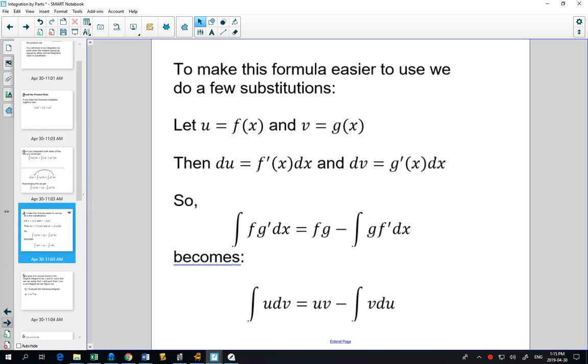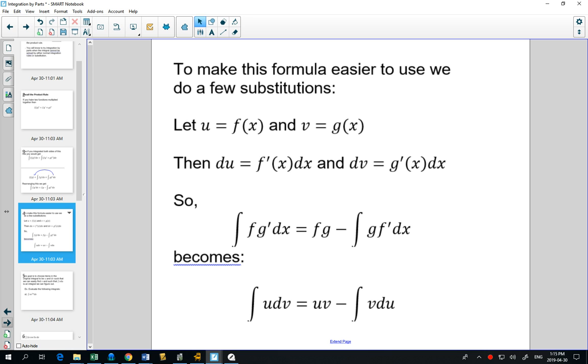So our original two functions that we're multiplying together, f and g, we make one of them u, one of them v. Then if you took the derivative of u, du, so we're going into Leibniz notation, is equal to f prime of x dx. And dv would be g prime of x dx. So we're moving that dx over just like we did with substitution.